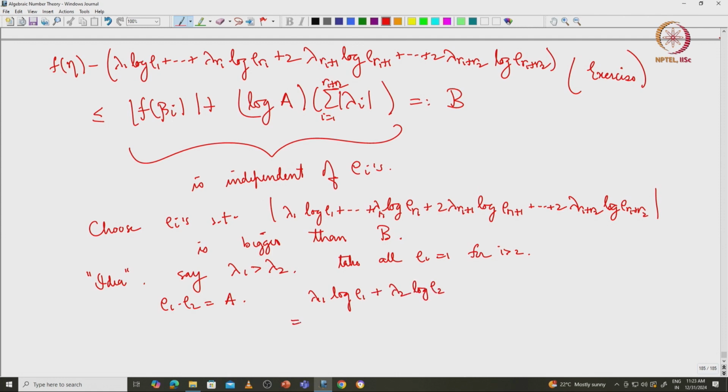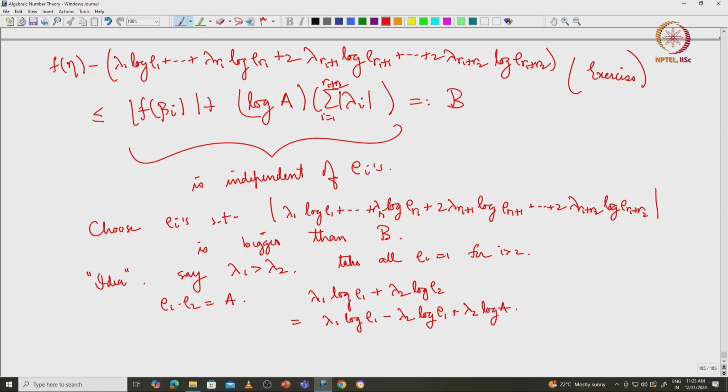You can rewrite this as lambda 1 log rho 1 minus lambda 2 log rho 1 plus lambda 2 log A.